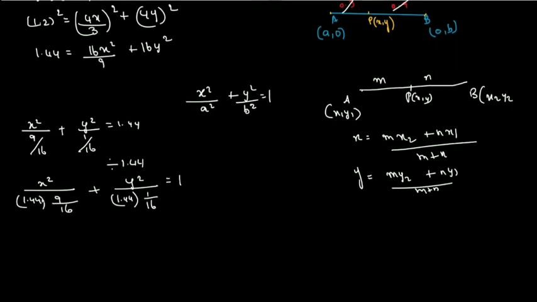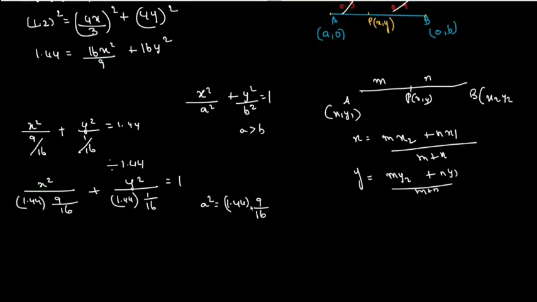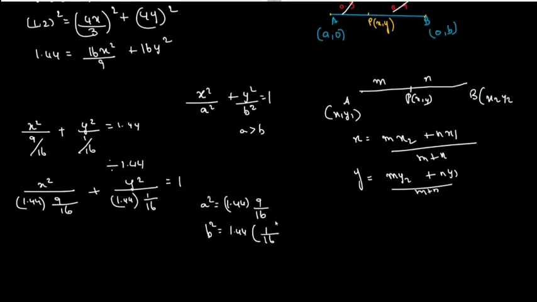We need not simplify this because we are going to find e. So a square is equal to 1.44 into 9 by 16. The bigger one is a square, a is greater than b. So here 9 by 16 is greater than 1 by 16. So a square is 1.44 into 9 by 16, b square is 1.44 into 1 by 16.